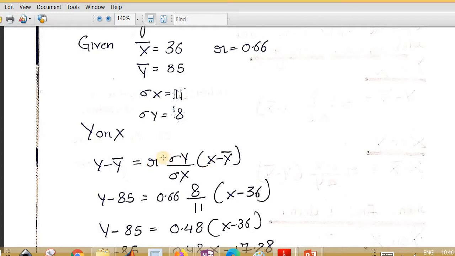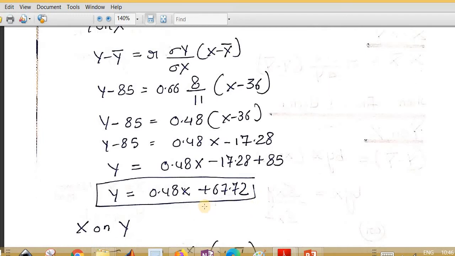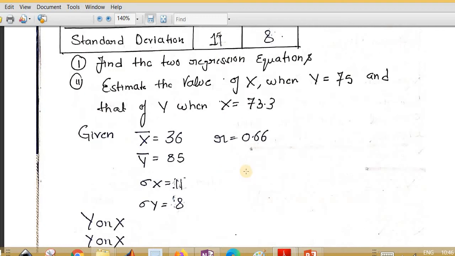You already know this formula is used when the data is given. So r is given 0.66, sigma y and all values are given except x and y. So here you get the equation of the line, that is y equals 0.48x plus 67.72. This is the equation of the line in the form y equals ax plus b. So here in the question, the two regression lines are to be computed.